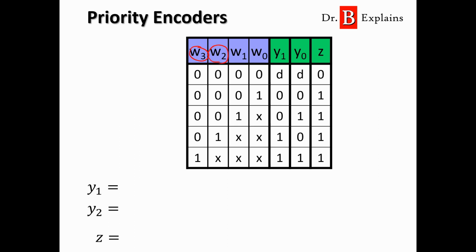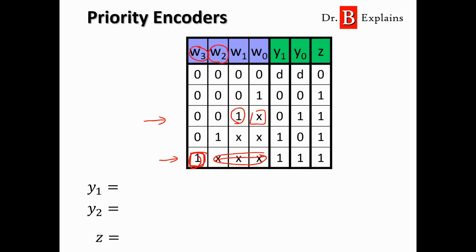For example, in this row, the first one is a 0, the second one is a 0, then we encounter a 1, and then we don't care about the rest. We encounter a 1 first, and we don't even care what these are. They could be 0, 1, 0, 1. We're always going to look at the most significant bit.